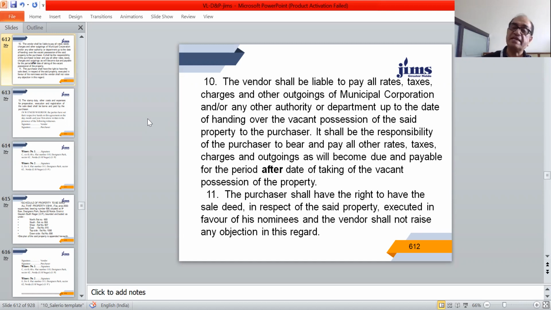So up to the date of sale deed and possession, it is the liability of the seller to pay the taxes. After the date of sale deed and after taking possession, it is the liability of the purchaser to pay the government taxes.